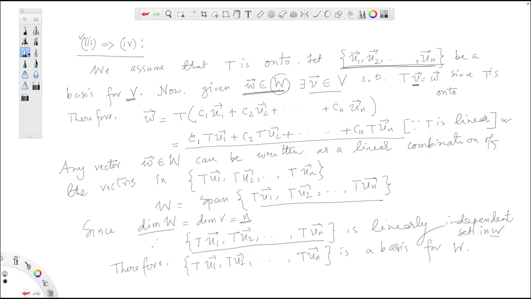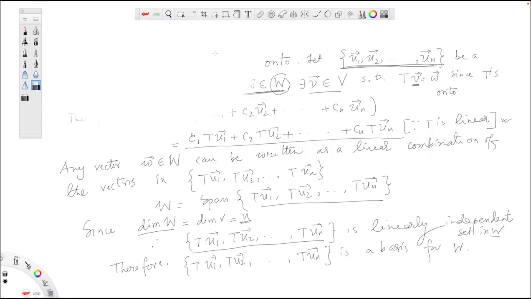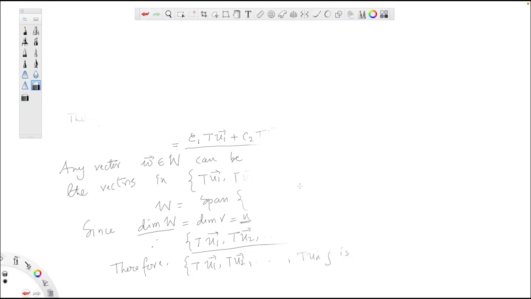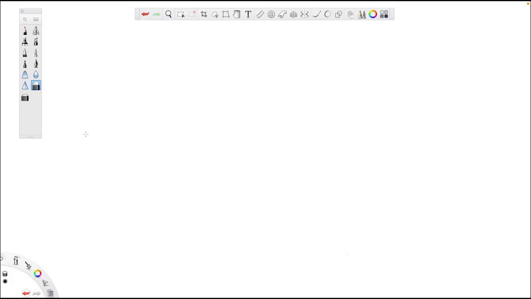Now we are going to prove that condition 4 implies condition 5.